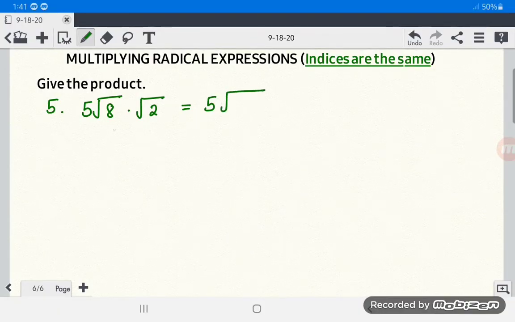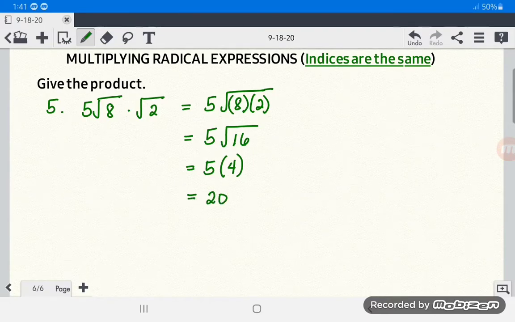Then 8 times 2, we have 16, right? But let us write the step-by-step process. So we have 5 square root of 8 times 2, we have 16. We all know that 16 is a perfect square, so the square root of 16, we have 4. Okay, so 5 times 4, we have 20.